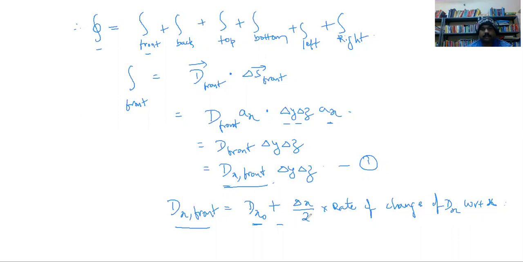Delta x by 2. So just think about it for a minute. Okay, so that will solve all the problem. Dx naught is the initial value plus delta x by 2, the distance we take into consideration, into rate of change of Dx with respect to x. Here by 2 is because the point is exactly in the middle.